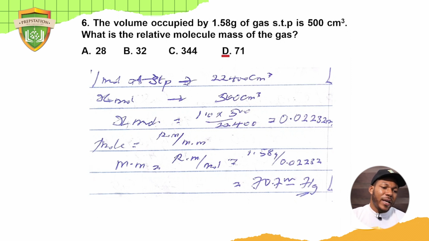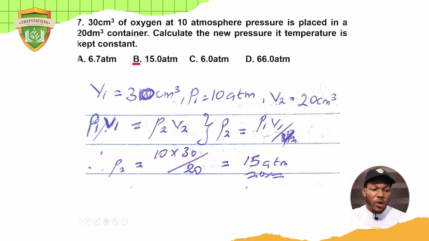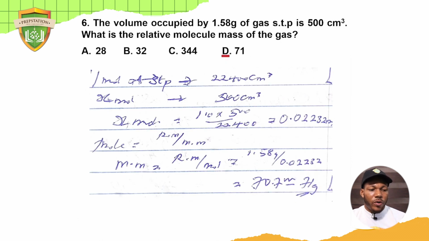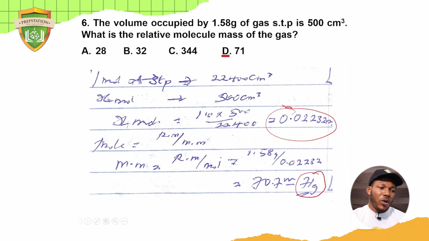When you cross multiply, you have 0.02232. Now, how do you find the molar mass? It is mass over number of moles. That will give you 70.7 at the end. If you round it up, you get 71 grams. So your option here is D as the correct answer.